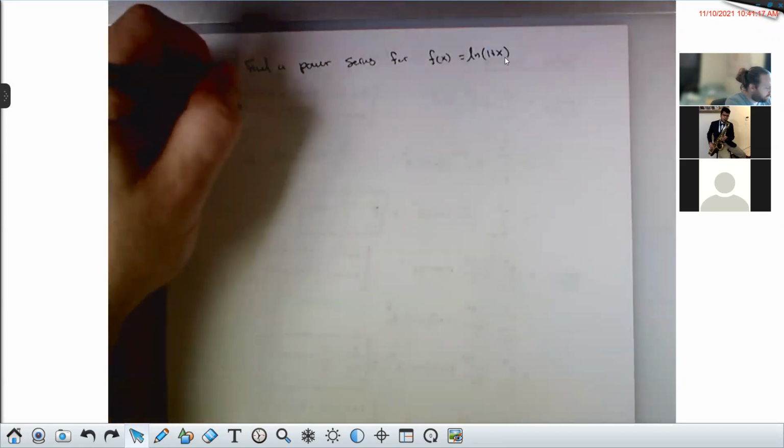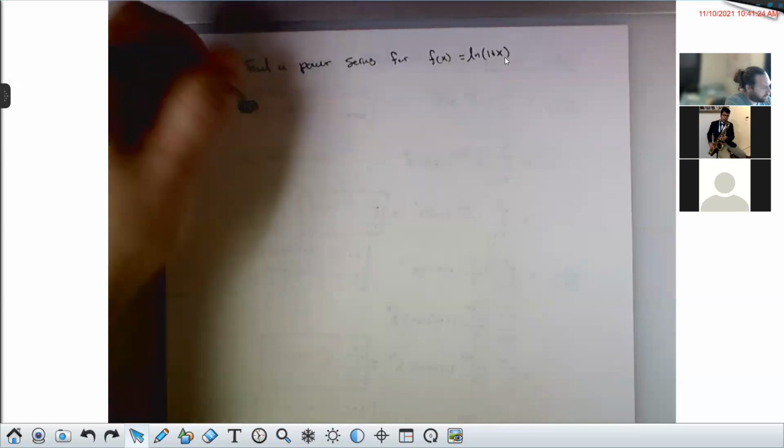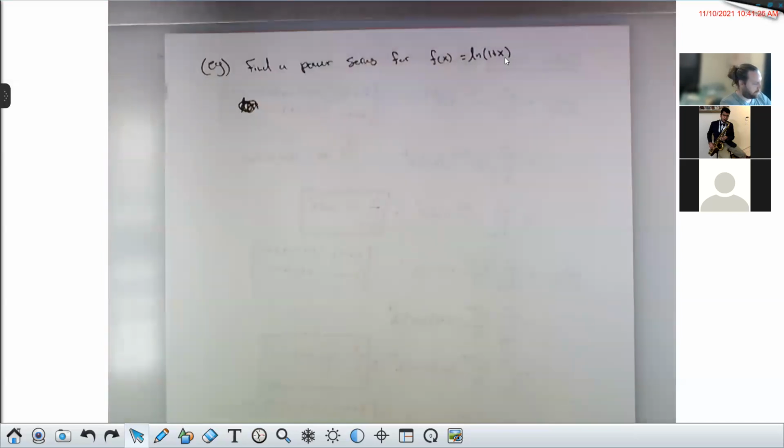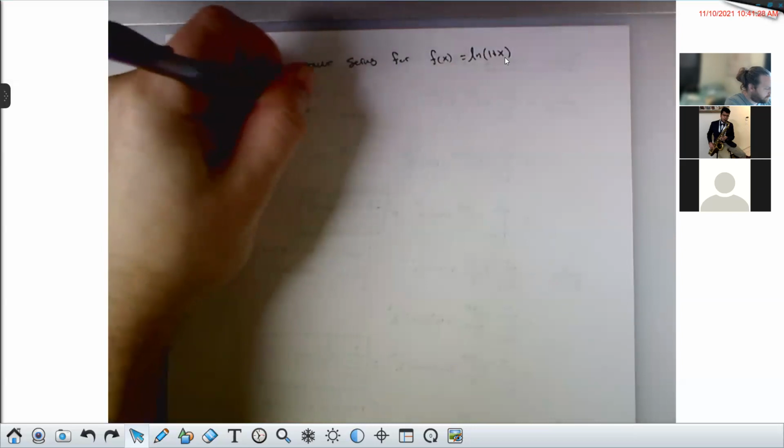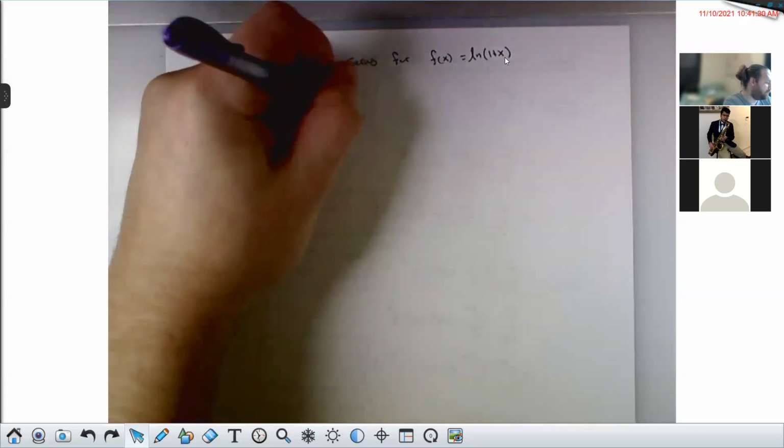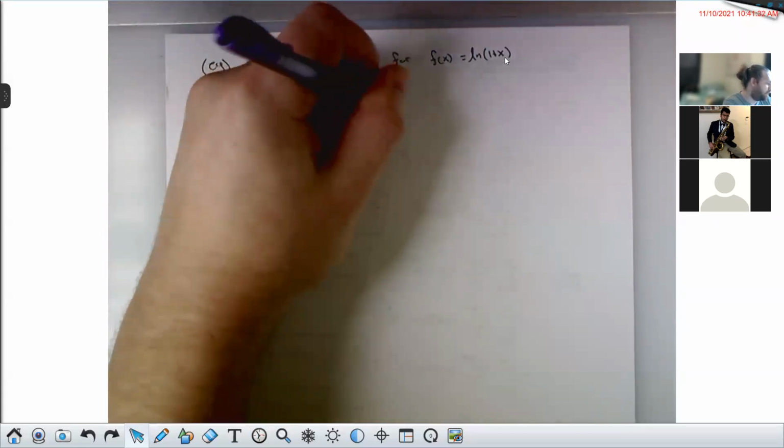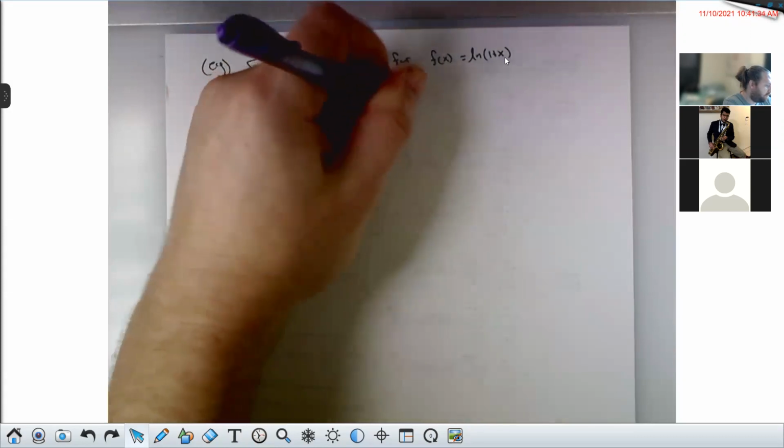The game here is that the natural log of 1 plus x, we know to be the integral of 1 over 1 plus x dx.